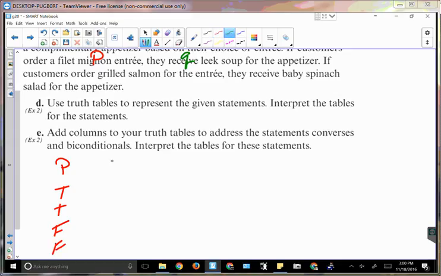Now I go Q, and that's going to be true, false, true, false. I'm going to set this up for the P then Q. So it'd be P then Q. So that'd be true. This would be false.